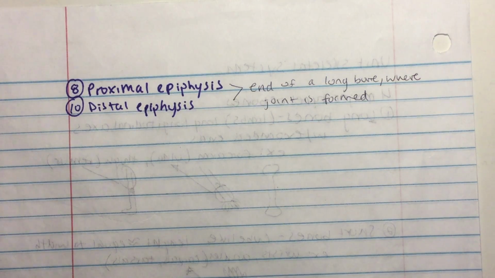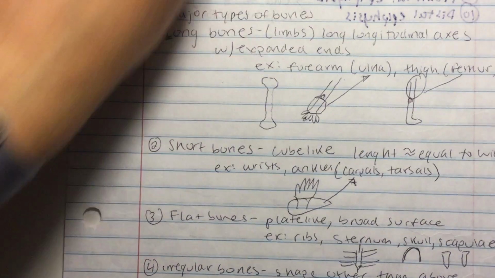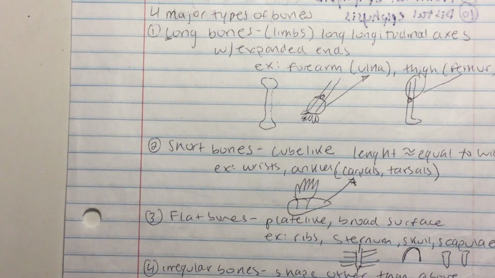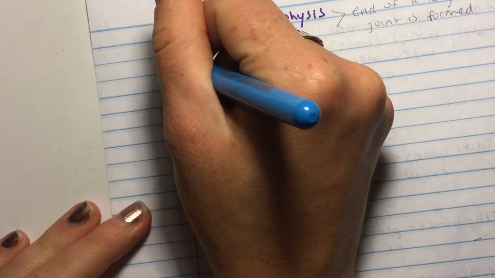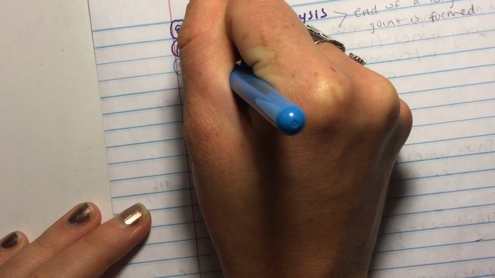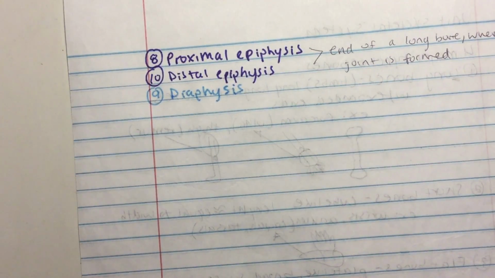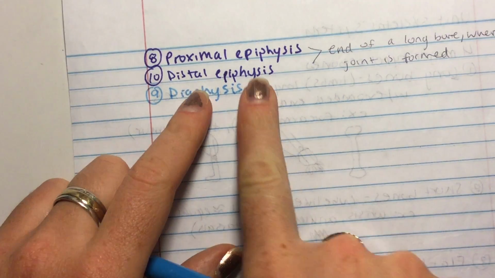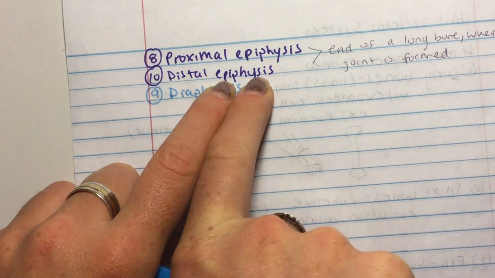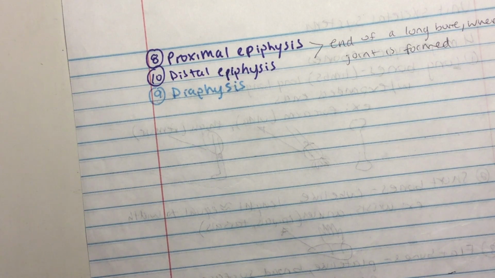And finally, we have number 9, the diaphysis. Number 9. Okay, so this is where the compact bone is. Remember on the other side, I labeled the epiphyses for red bone marrow, for spongy bone. That's where both of those are found.